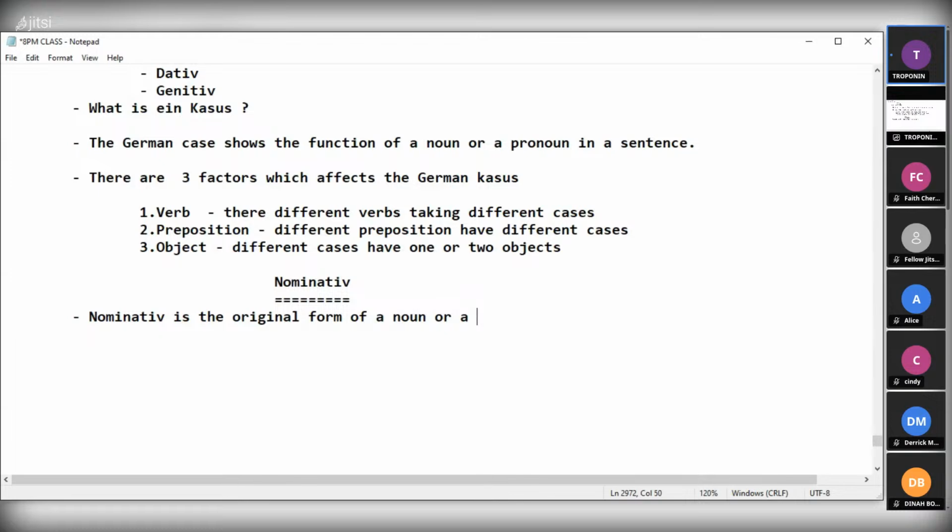So like that. So number 2, let's hear this.